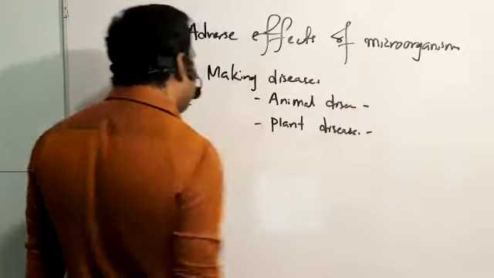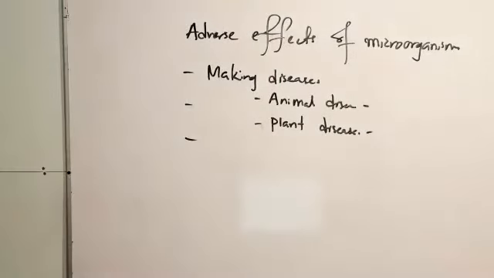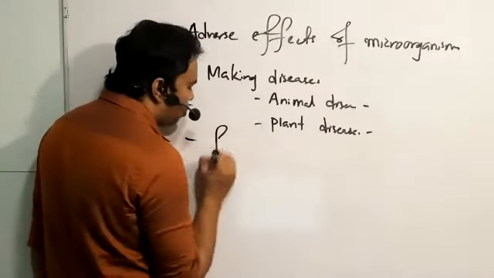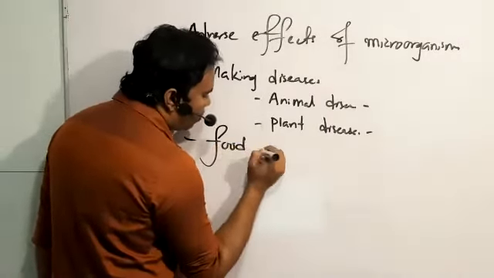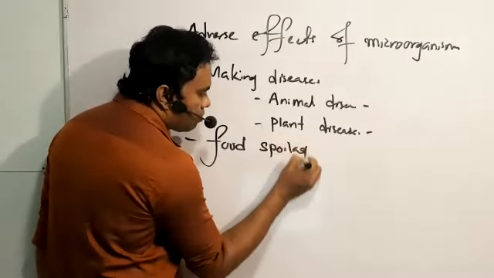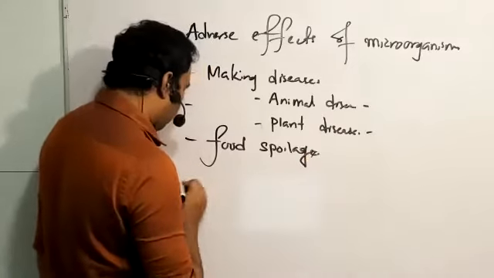Making diseases: animal diseases, plant diseases. Next one, food spoilage. Microorganisms spoil food, which is an adverse effect for us. Food spoilage. Okay.